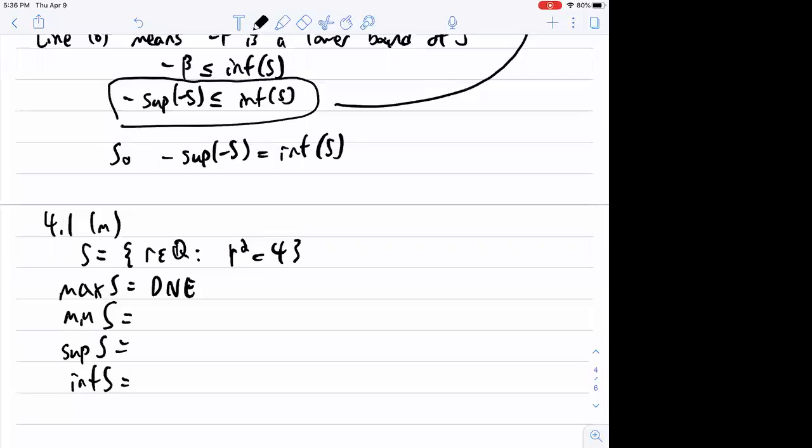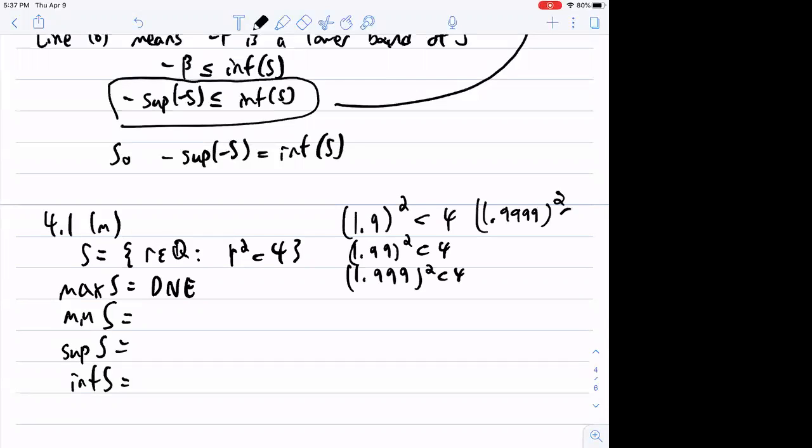So why can't we pick 1? But it's not the maximum, right? I could find you a bigger one, like 1.5. I'm saying I could find you an infinite sequence where all these numbers square to something less than 4. So there's no maximum because I could just keep finding something bigger, I could just keep adding a 9.